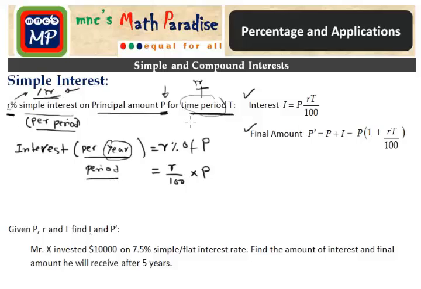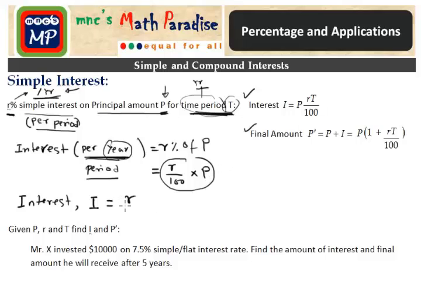So now, how much interest will we receive for a total of T years or T periods? This interest is only for 1 year or one period. So the total interest that will be received, if we denote it by capital I, will be this per year or per period interest times T years or T periods.